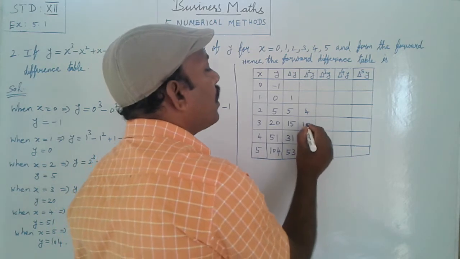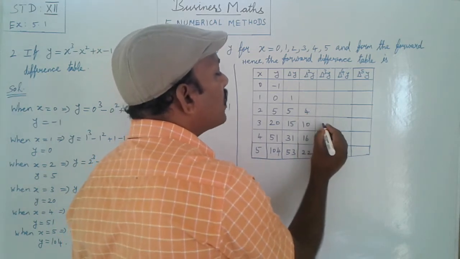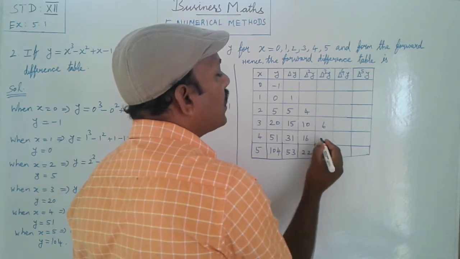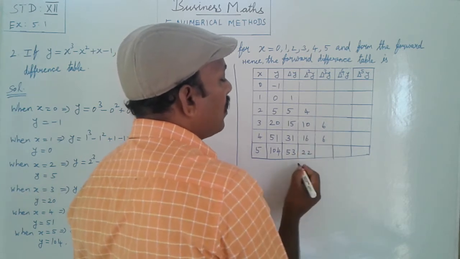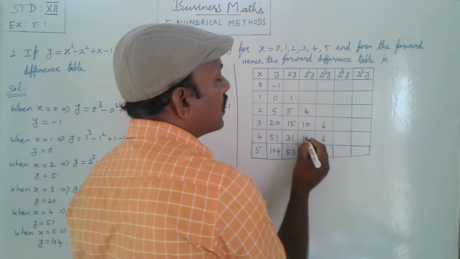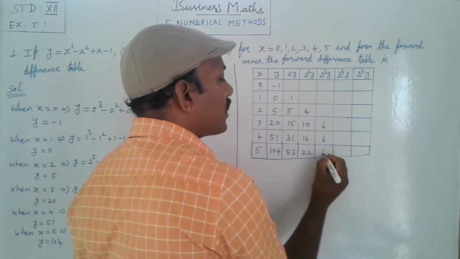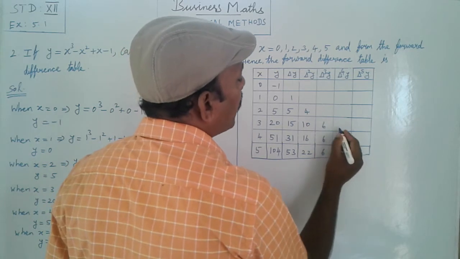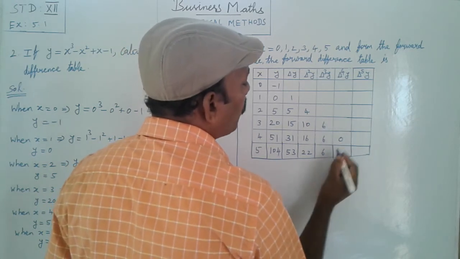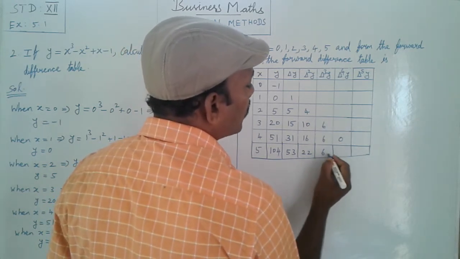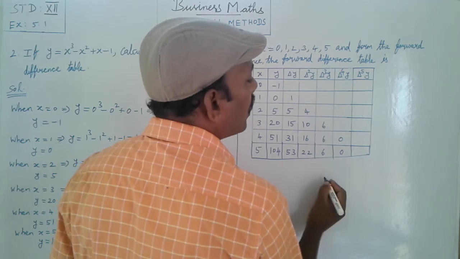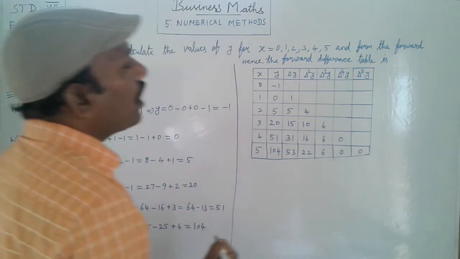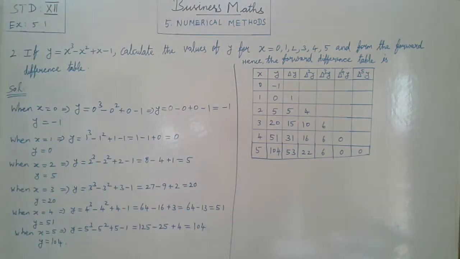Next, 10 minus 4 is 6. 16 minus 10 is 6. 22 minus 16 is 6. Next, 6 minus 6 is 0. 6 minus 6 is 0. Next, 0 minus 0 is 0. That's all the forward difference table.